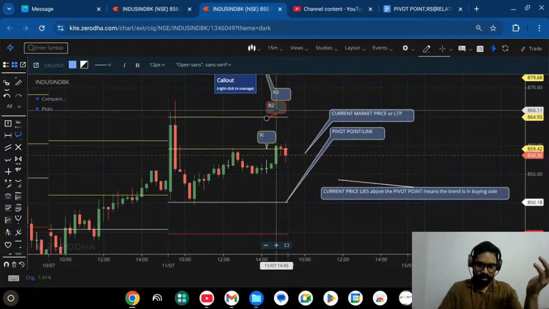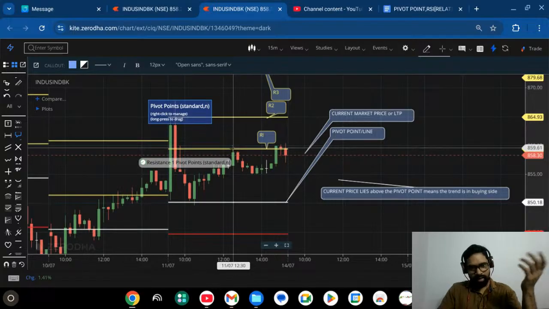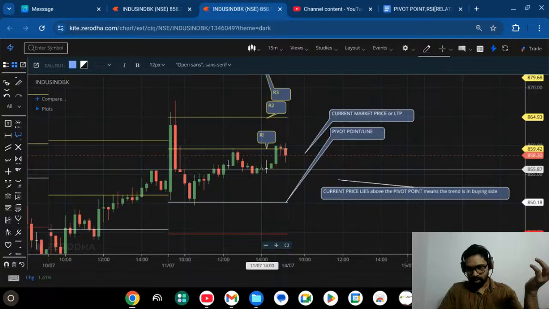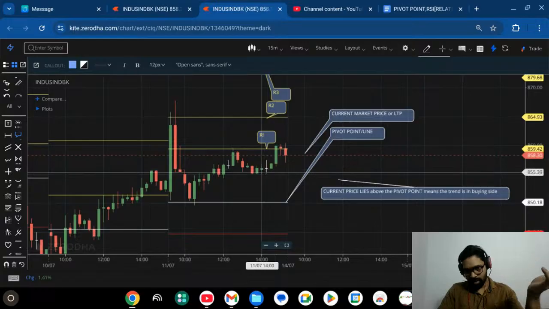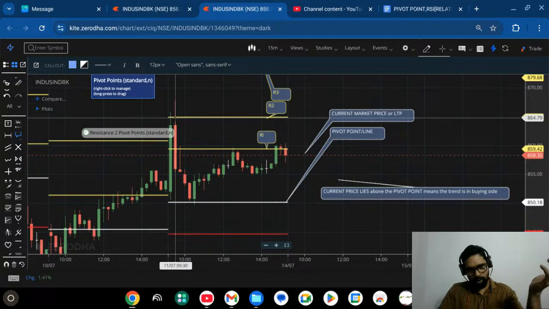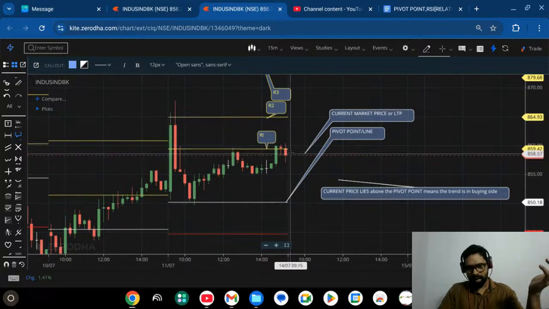Sometimes the market reaches your first target and then bounces back. It has happened here. It reached your R1 target and then came down. In the morning it reached R1, it reached R2 as well, and again went down. Again it came up to the R1 level, and again it came down.